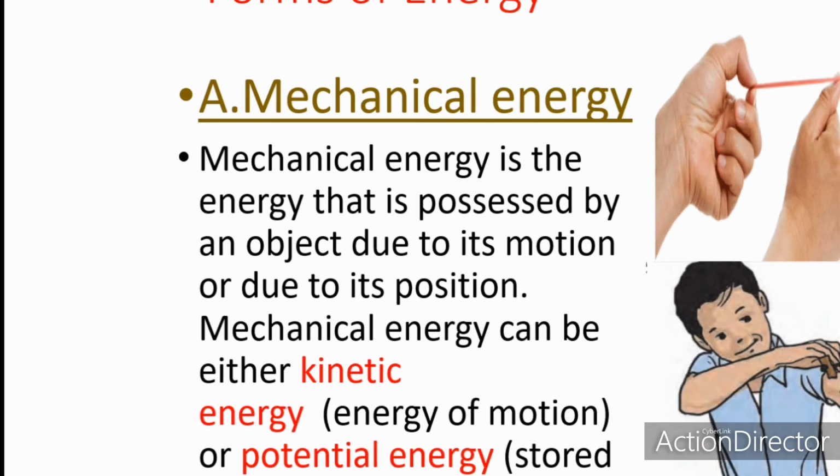But at the same time, what will happen to that stone which is held in the catapult? It will be thrown to a distance. The stone held in the catapult will be thrown to a particular distance. So why does it happen? In the above examples, we see that when the rubber of a catapult is stretched and released, it comes back to the original state and the stone flies off.